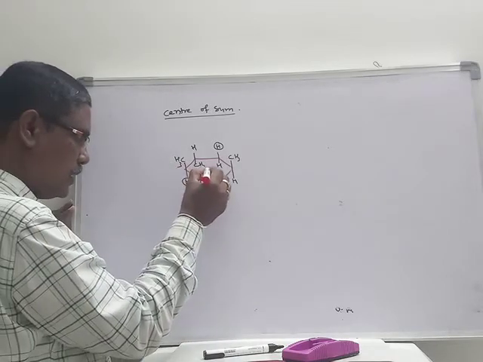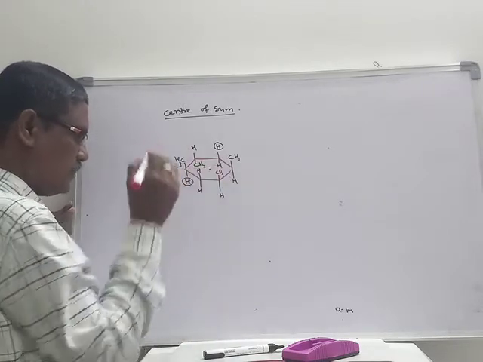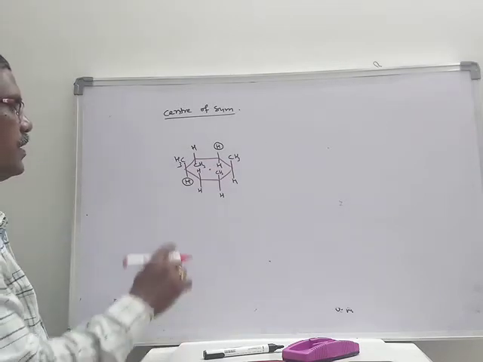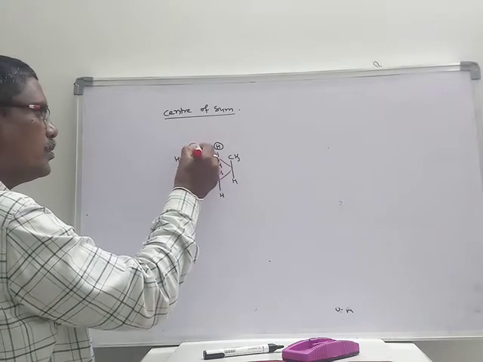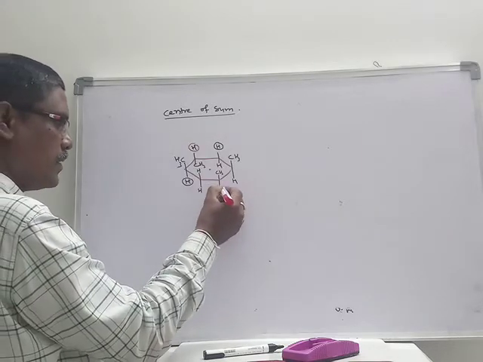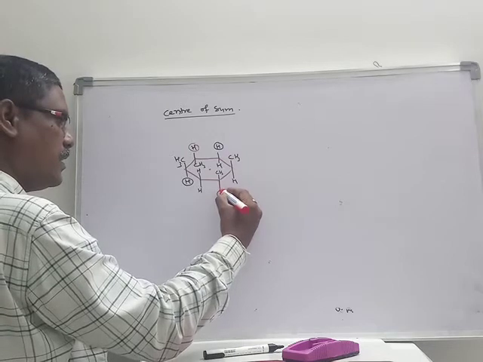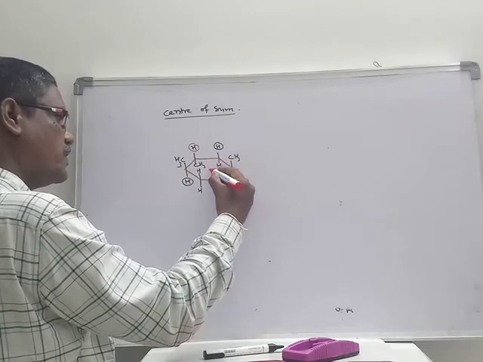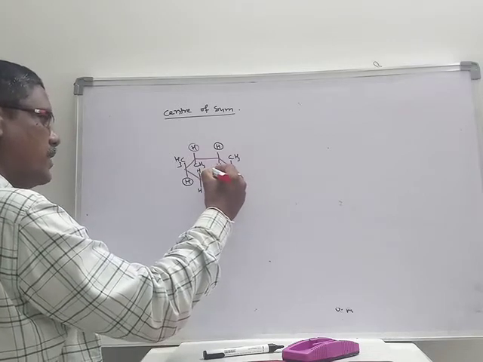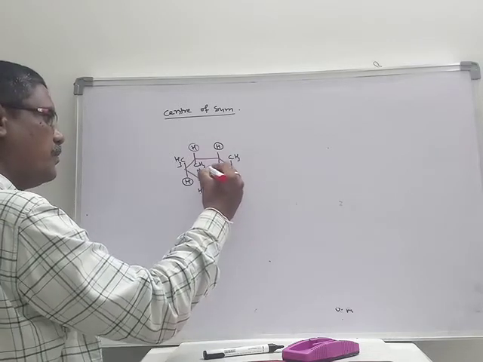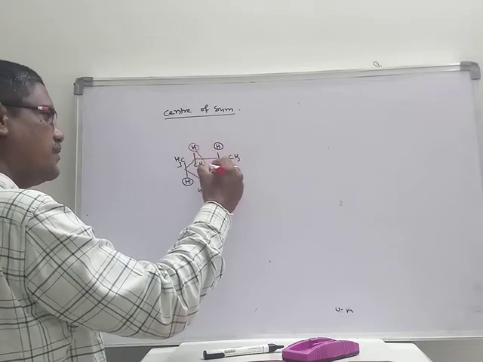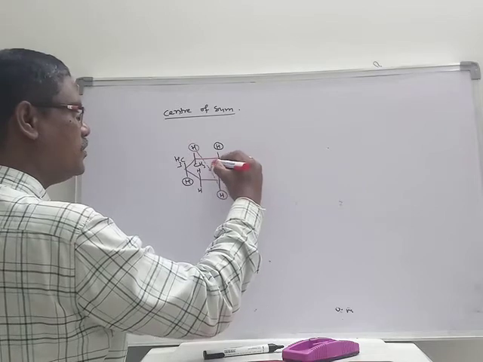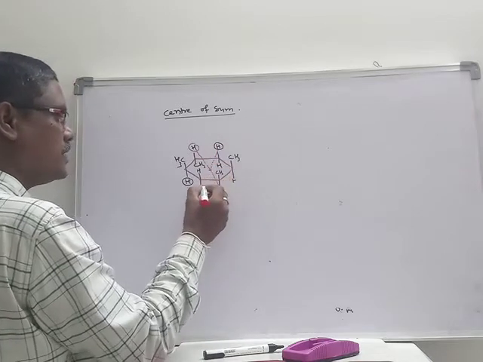I am assuming this point. From top to bottom I am extending a line to this center point, and the distance from the center point to each side is the same. Now here also, one more: upside is the hydrogen, downside is also hydrogen.